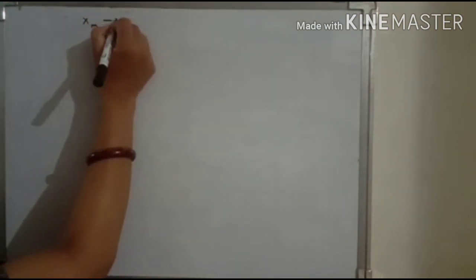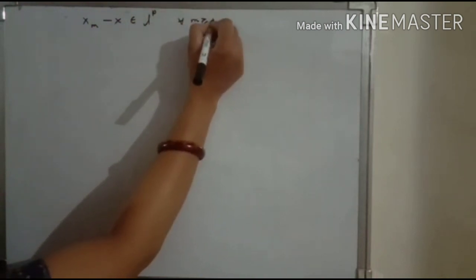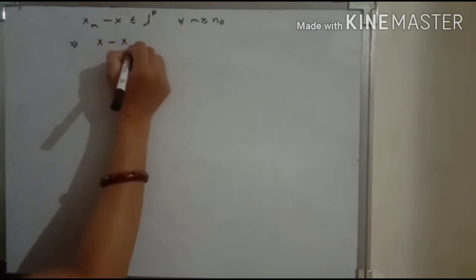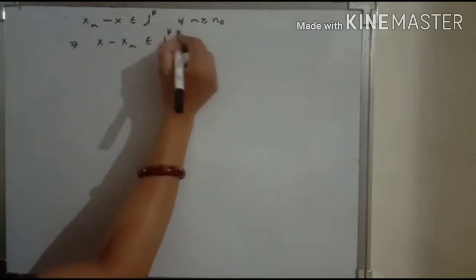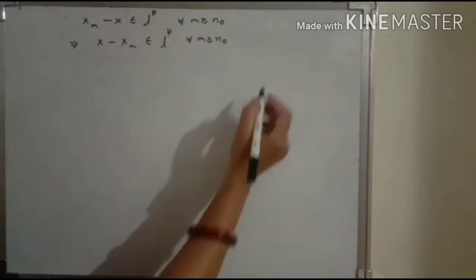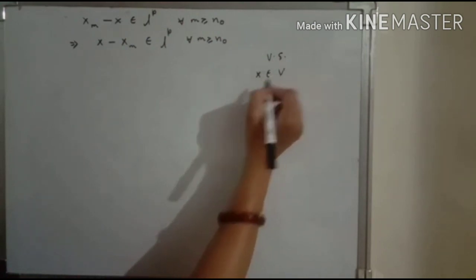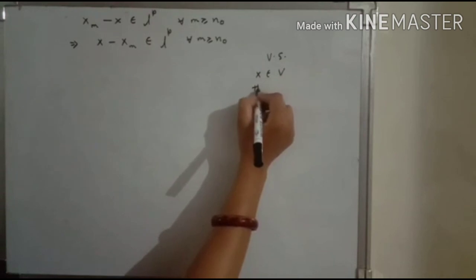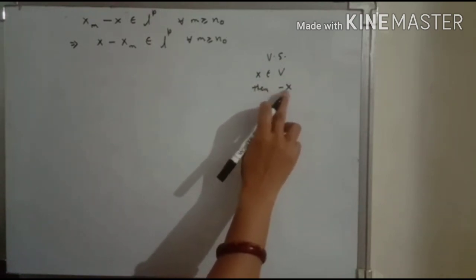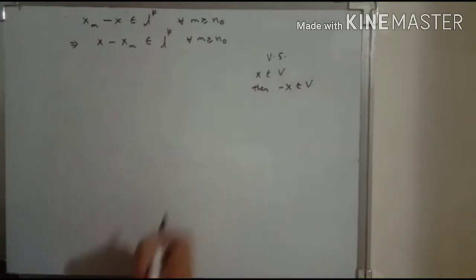Therefore when xm minus x belongs to LP for all m greater than or equals to n naught, it implies that x minus xm also belongs to LP for all m greater than or equals to n naught, because we know that in a vector space, if x belongs to V, the vector space, then minus 1, a scalar, multiplied with the vector x is also an element of the vector space.